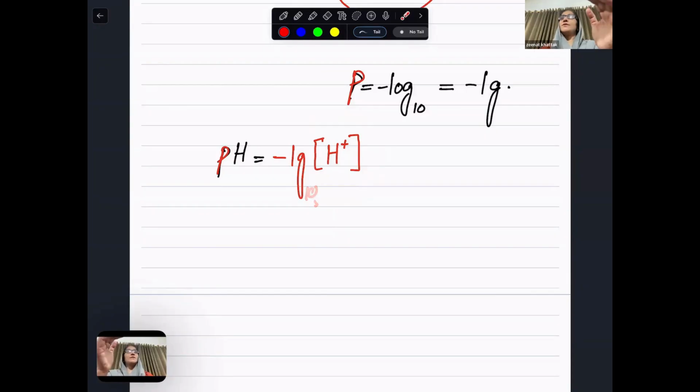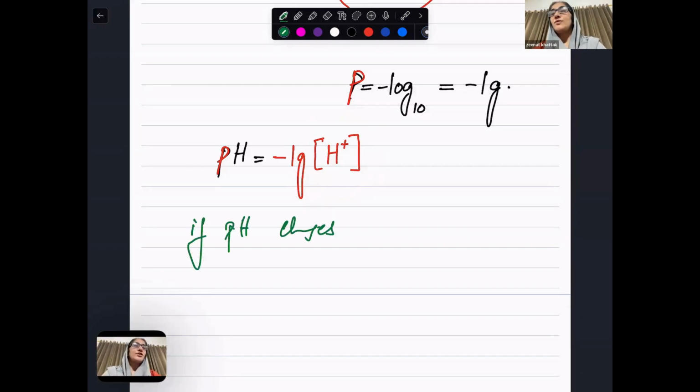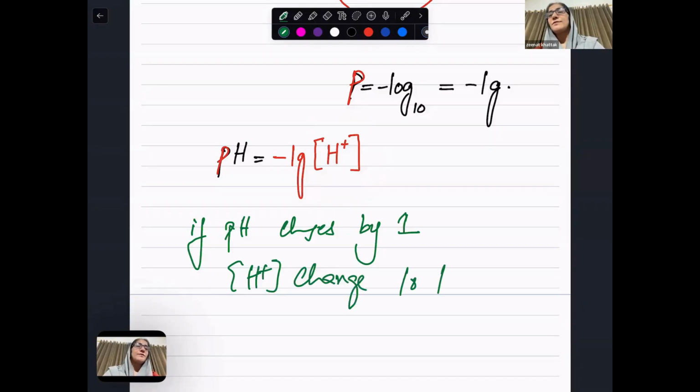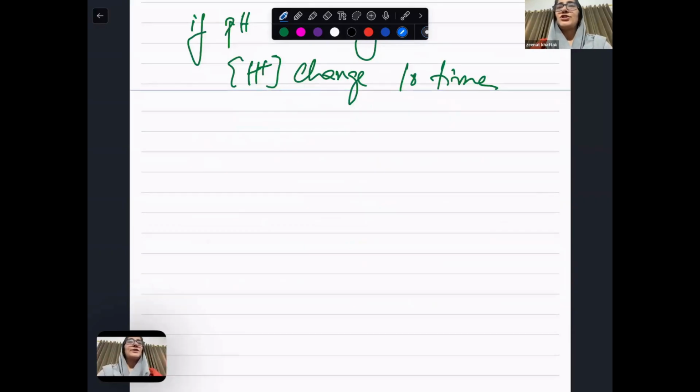The 10 means if the pH changes by 1, the H plus concentration will change 10 times. So it's counting in tens, kind of. Now look, pH is what?